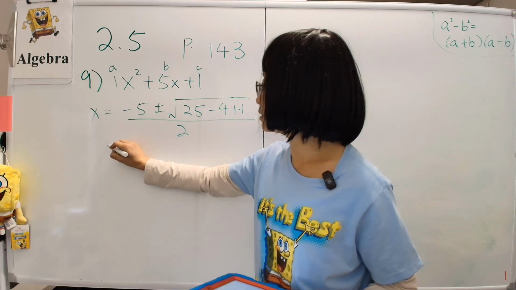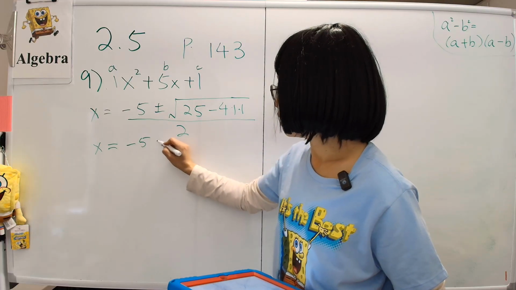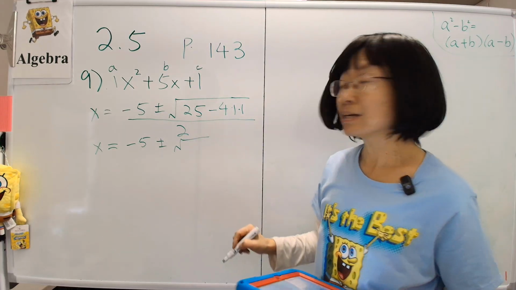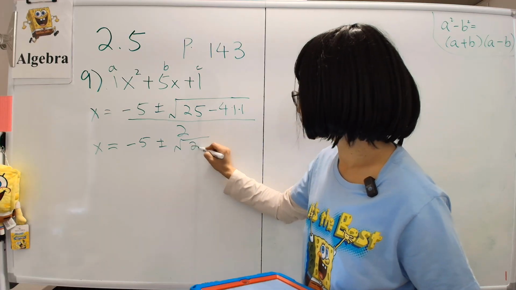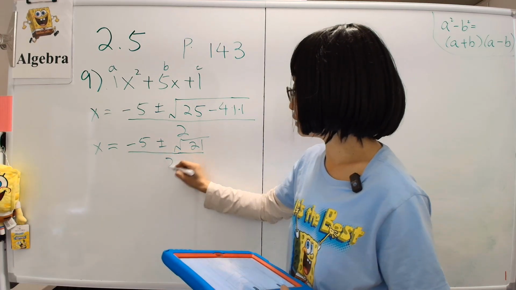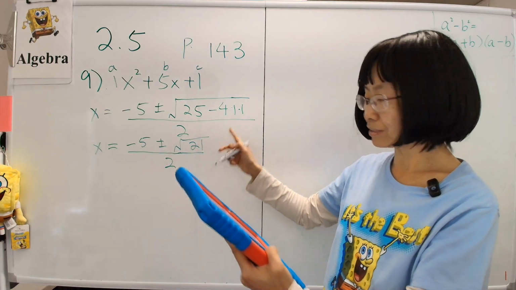Then you clean this up slightly. That's minus 5, plus or minus the square root of 25 minus 4, which is 21, and then all divided by 2, and that should be our answer. Yep, negative 5 plus or minus square root of 21 over 2.